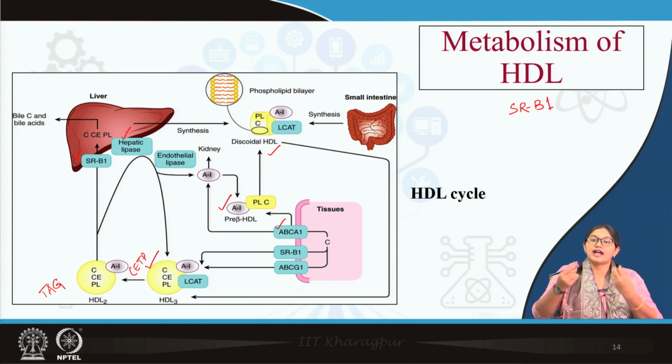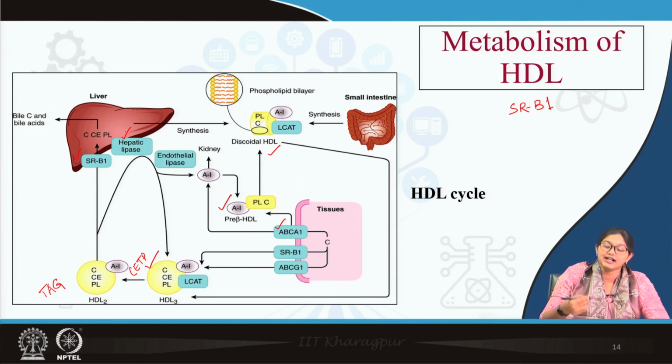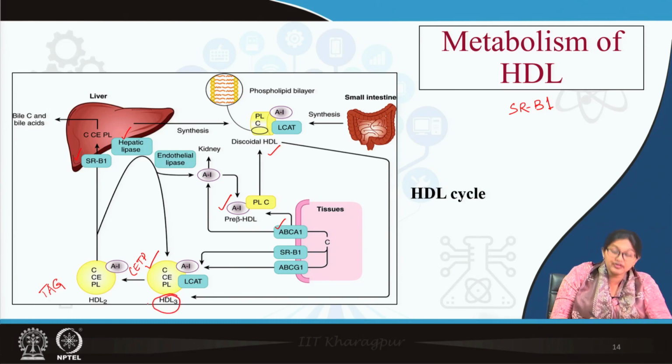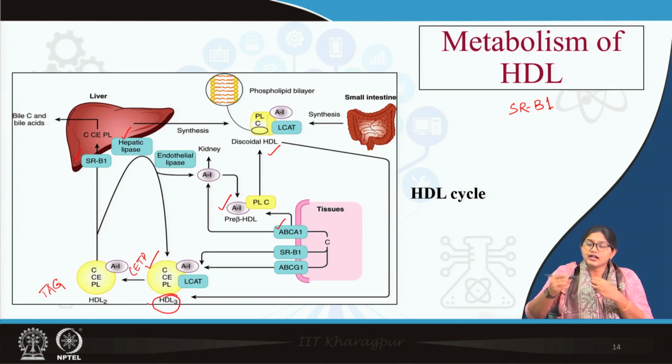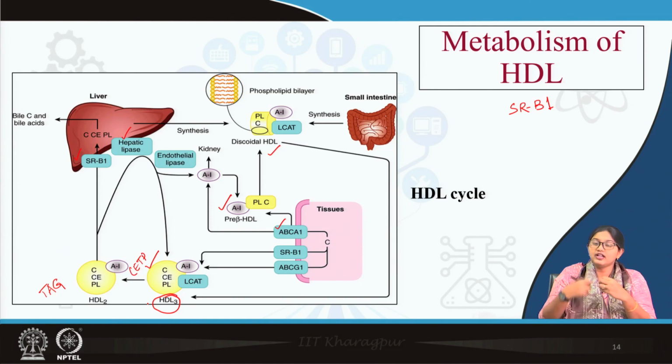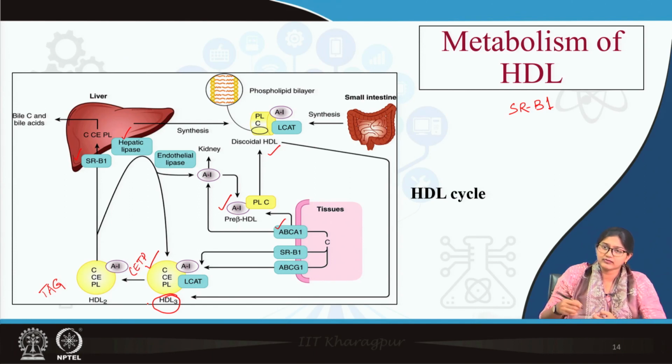Once the triacylglycerol content of HDL2 is reduced, it forms HDL3, and as it continuously circulates through the liver, it is targeted by hepatic lipase till there is total depletion of triacylglycerol from the HDL, and also inside the lysosome there is degradation of cholesterol ester.